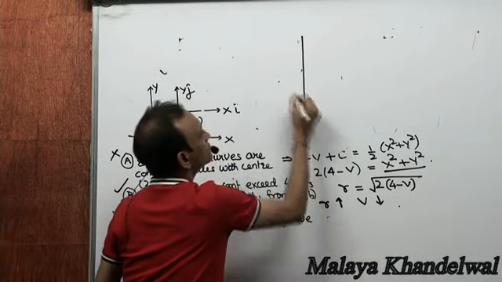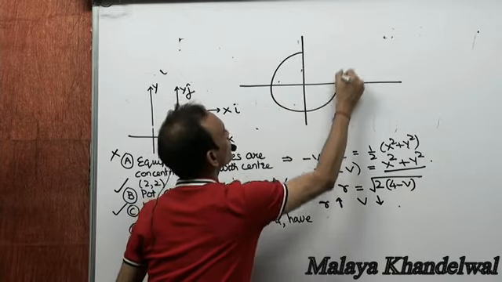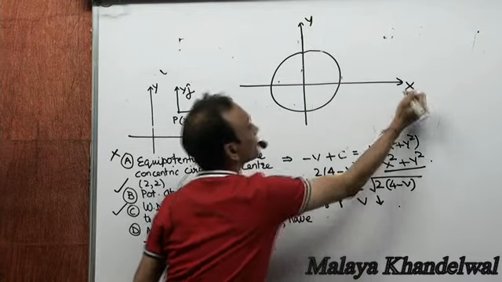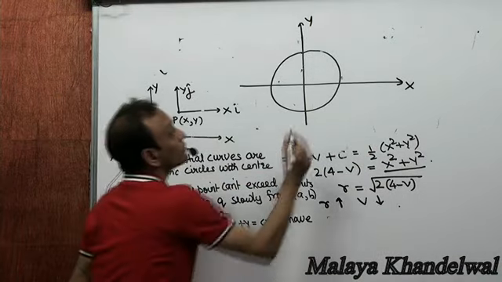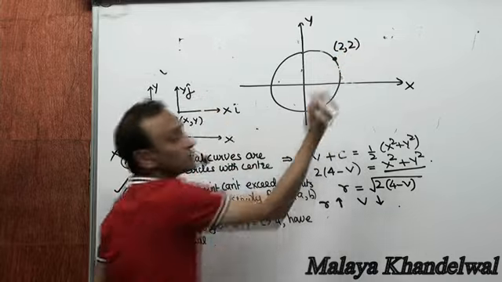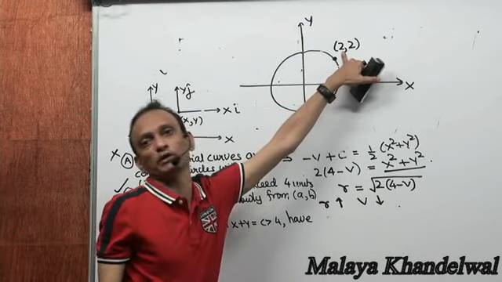See, there is a circle, an equipotential curve, and this is a circle on which 2, 2 lies, and at this point the potential is 0.